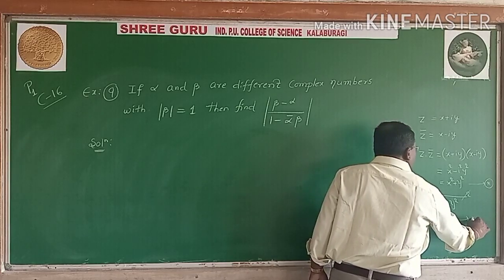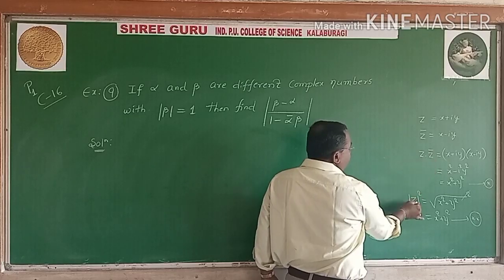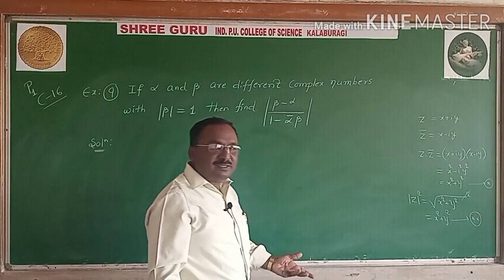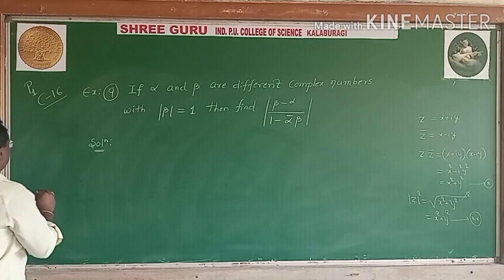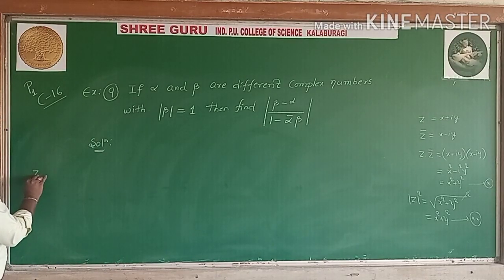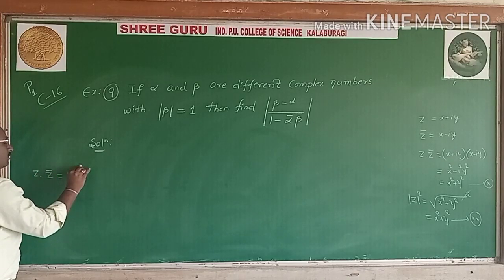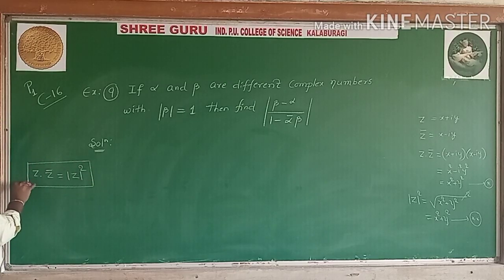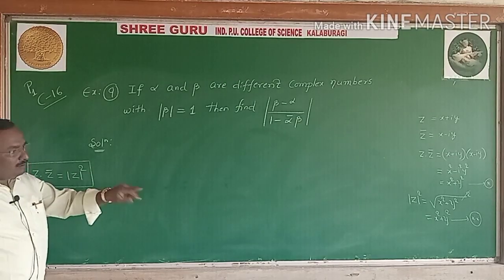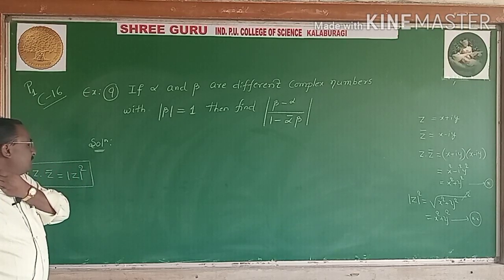Its meaning is that z into z bar is equal to modulus of z whole square. Both are the same. Listen here: z into z bar is equal to modulus of z whole square. This is the formula from the properties of conjugate.